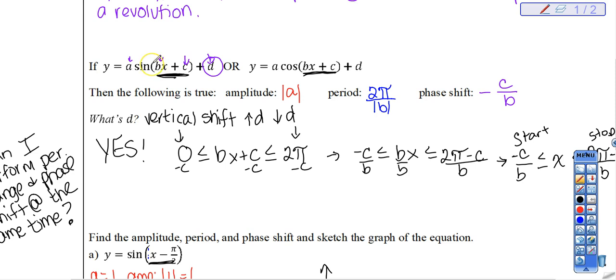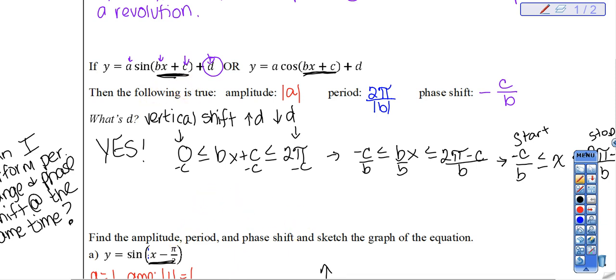The period of a sine function or cosine function is 2 pi, and if you divide it by the absolute value of b, that will change the length of the period for one cycle of your cosine or sine function. Your C term, along with your B term, will shift your graph left or right, and then your D term is a vertical shift up or down.